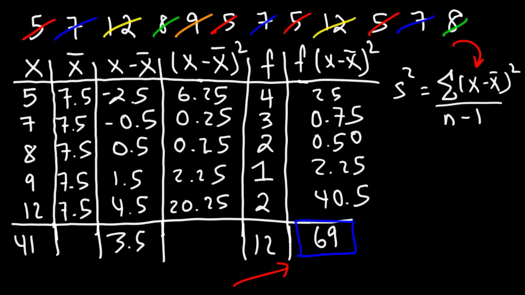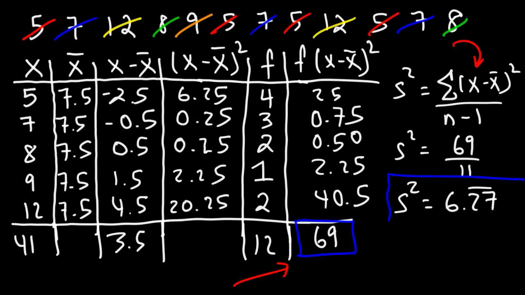So it represents 69. So the variance is going to be 69 divided by n minus 1, and n is 12. So 12 minus 1 is 11. 69 divided by 11 is 6.27, but the 27 part is repeated. So this is the variance of the data that we see here.